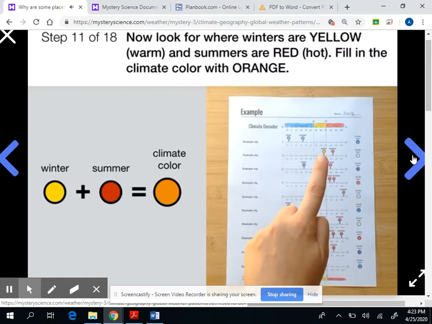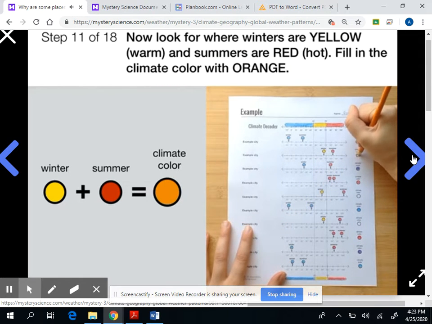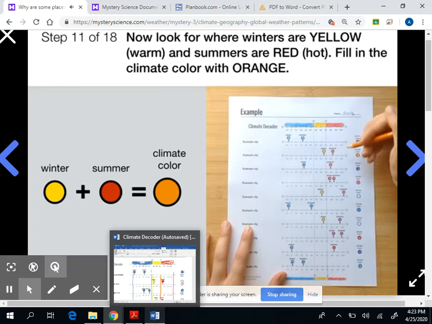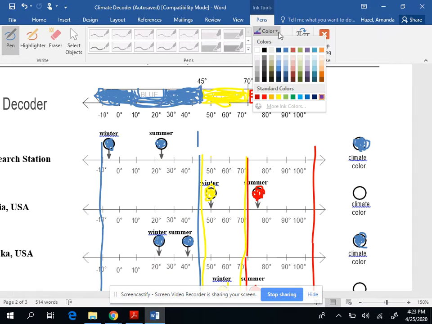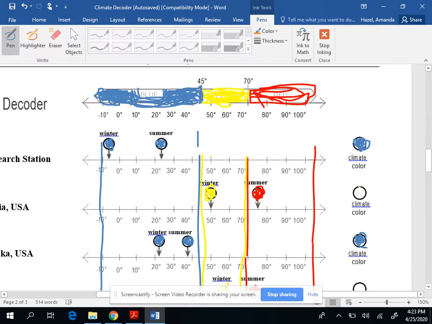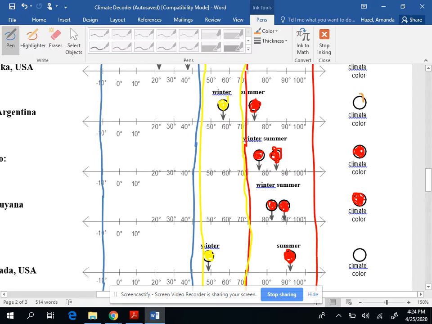Now look for where winters are yellow, warm, and summers are red, hot. Fill in the climate color with orange. All right, now we're going to get warm winters and hot summers, and we're going to color them orange. Yeah, another yellow and red.